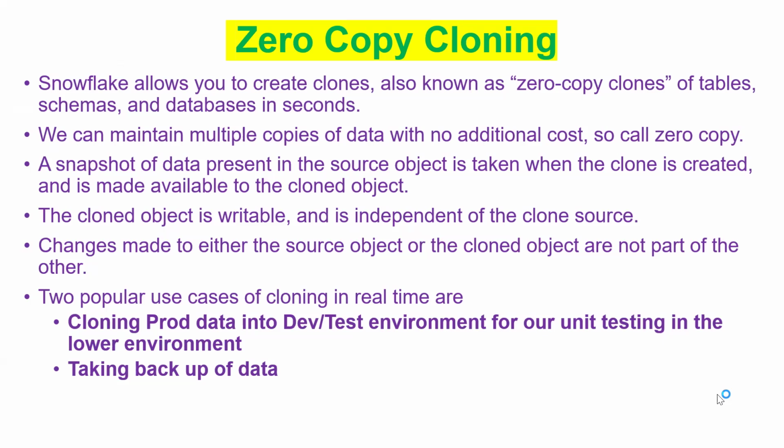But in Snowflake, we can create or maintain multiple copies of your data with no additional cost. So we call this zero copy. For example, I have a table with 1 terabyte. If I create a cloned table from it, the cloned table storage will be zero. Only the source table will be charged the storage cost. The 1 terabyte cost is applicable only for the source table, and the cloned table storage cost will be zero.